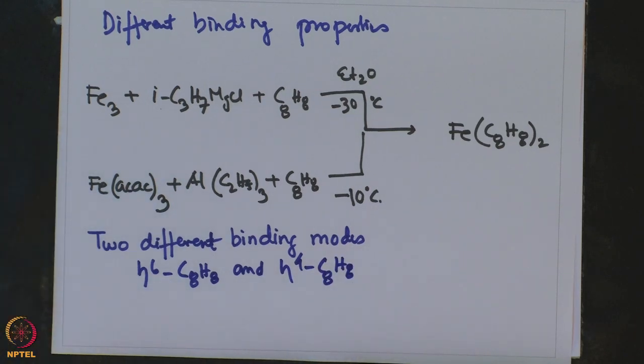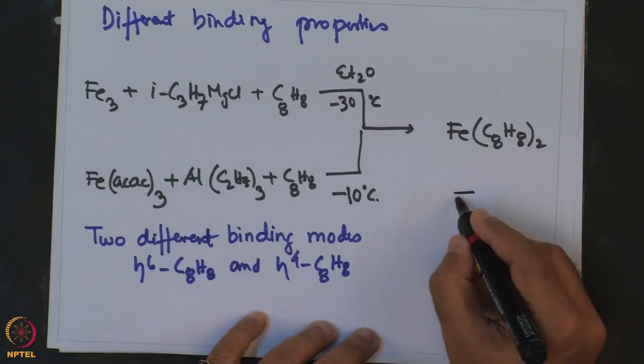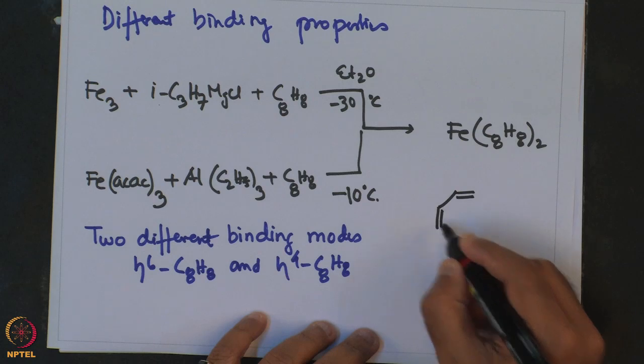Eta 6 means that only the triolefin is binding, and eta 4 means the diolefin is binding, which indicates that the ring definitely is not going to be a planar one, because only in the eta 8 mode is a planar dianionic C8H8 ligand observed. So, this gives an idea as to what the structures are. In one structure, the C8H8 is bound the way it is shown over here.